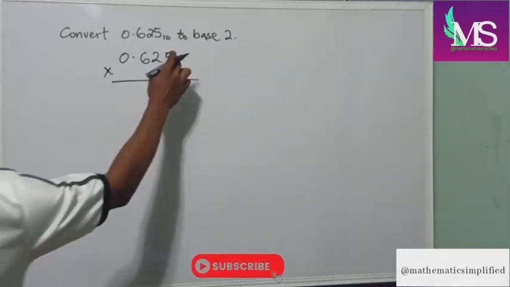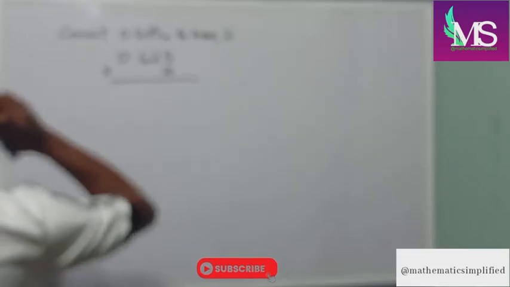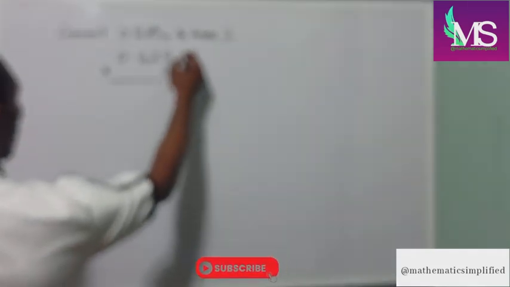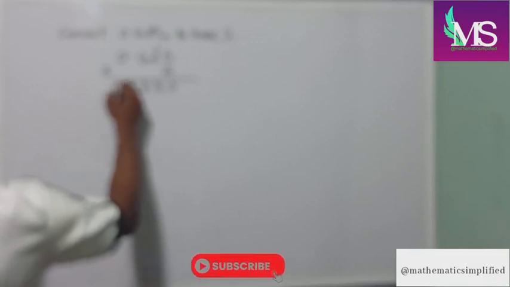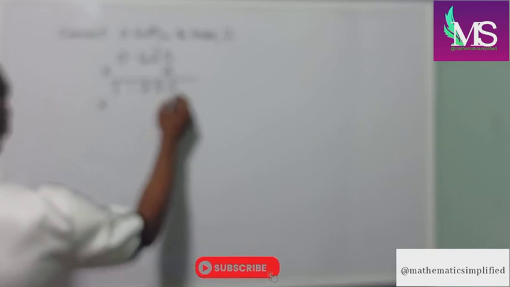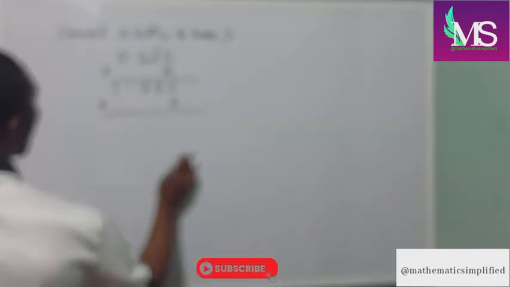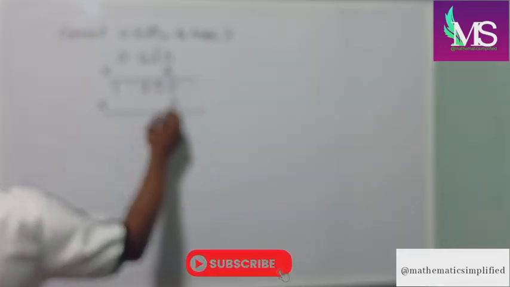Okay, now 2 times 5 will give us 10. Write down 0, carry 1. 2 times 2, 4, plus 1, 5. 2 times 6, 12. So we write down 2, remainder 1. Okay, so now here we multiply again by 2. Now 2 times 0 is 0. 2 times 5 is 10.